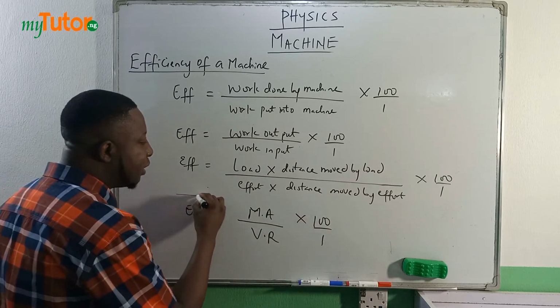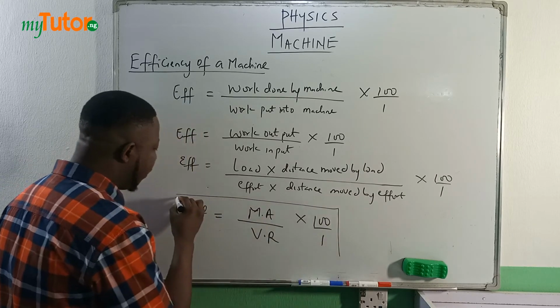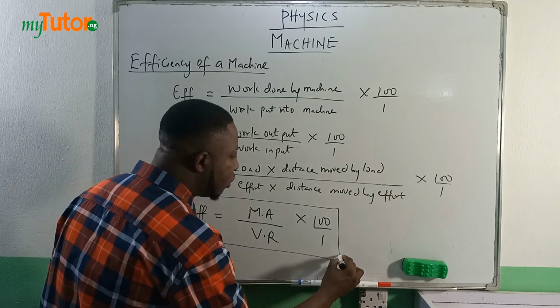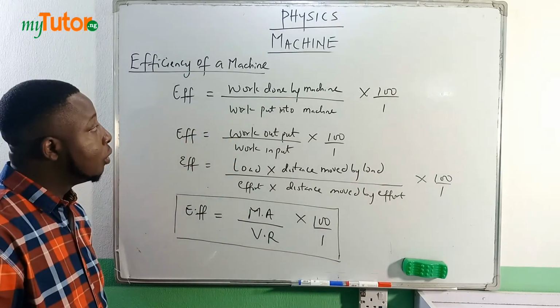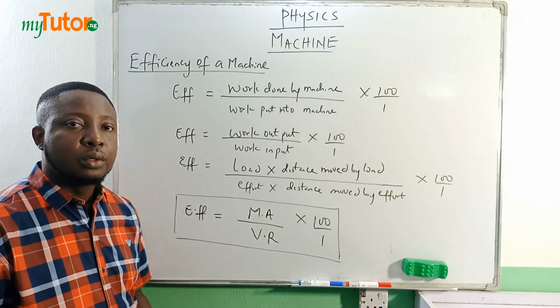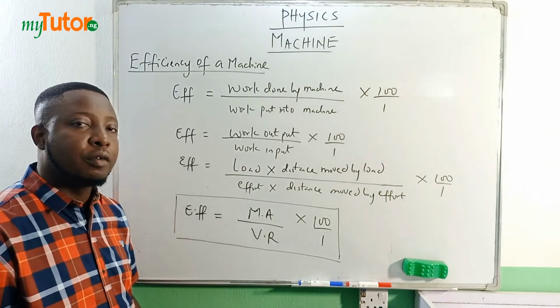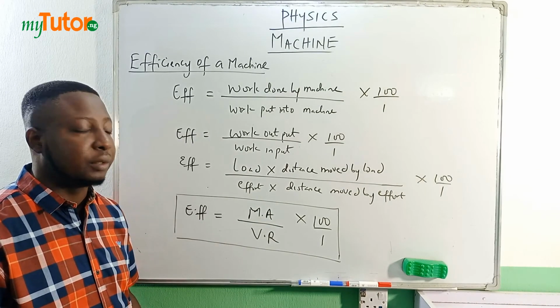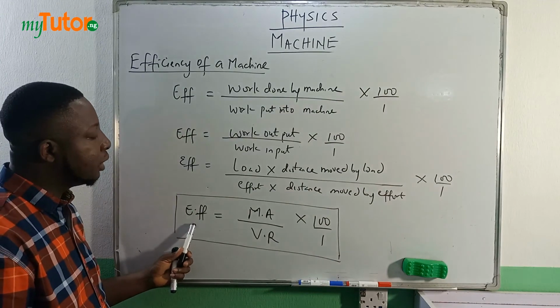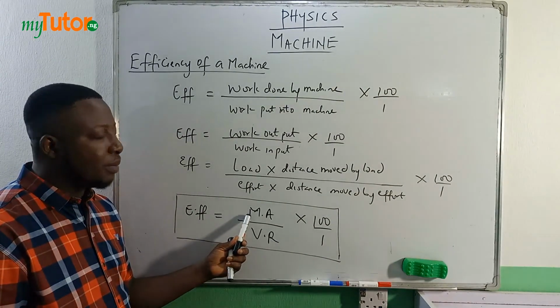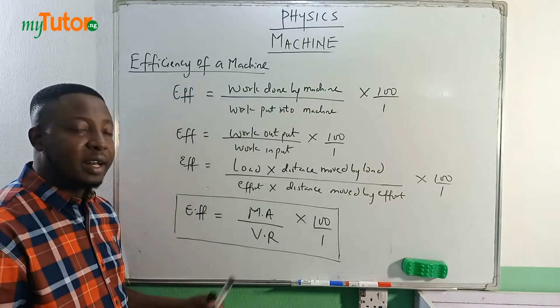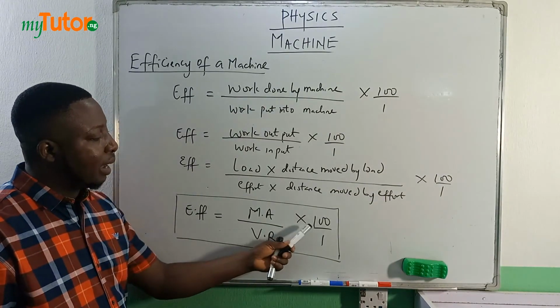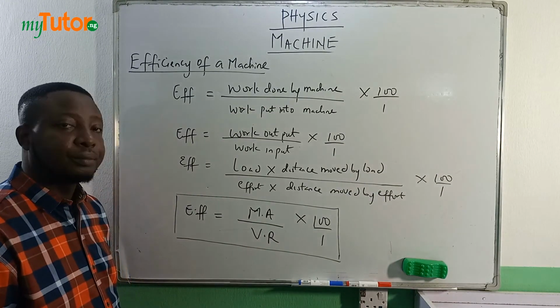So this formula is the one we're going to be using to solve questions involving efficiency of a machine: that the efficiency of a machine is equal to the mechanical advantage divided by the velocity ratio times 100 over 1.